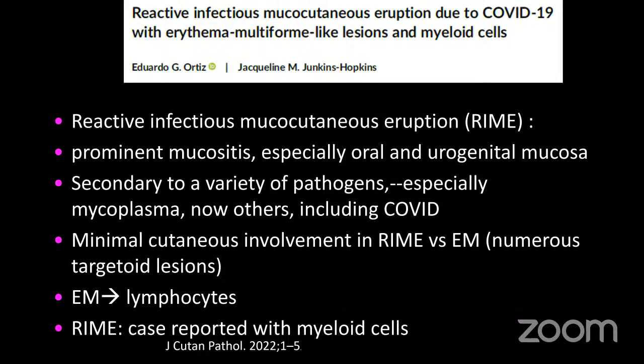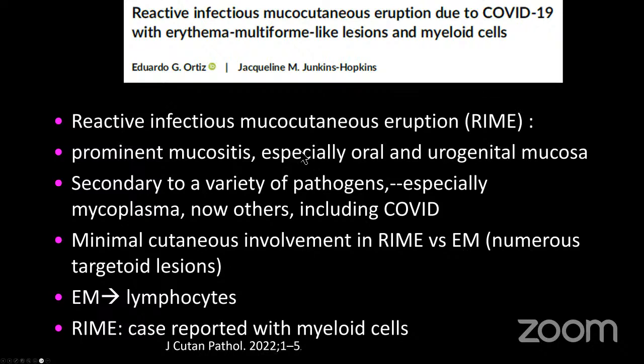Reactive infectious mucocutaneous eruption due to various viruses, in this particular case it was COVID-19, can have erythema multiforme-like lesions, and for the most part, it looks like typical erythema multiforme with prominent mucositis and a little bit of body involvement, not a whole lot like SJS, but a few scattered targetoid lesions.